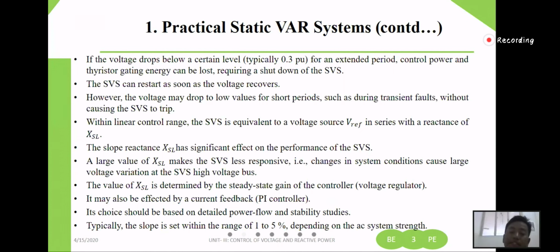This is overtaking our SVCs like TCR and TSC. In the next lecture on power electronics applications, sir will definitely be teaching how STATCOM controls the voltage. But in our case, we are limited to TCR and TSC.